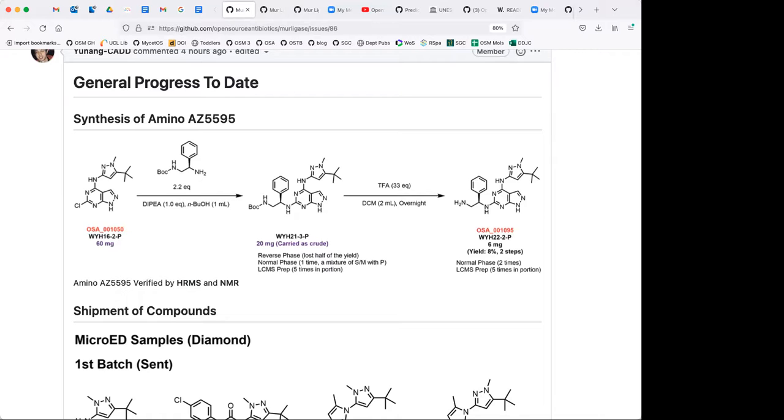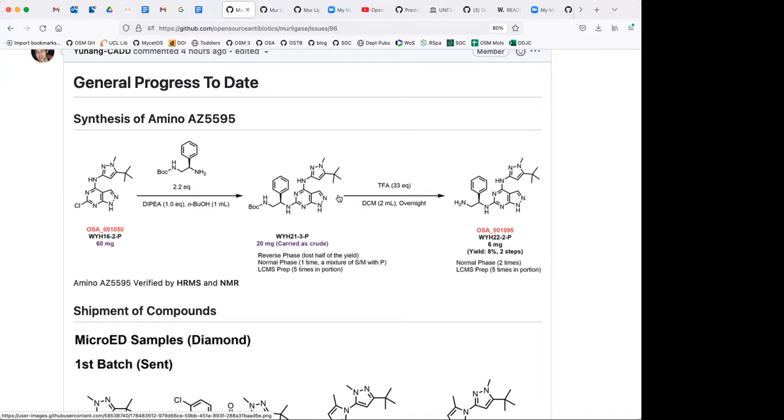The synthetic process was extremely weird because the bulk protected intermediate was really, really hard to separate. It got stuck in the reverse phase column. It also cannot come up from the normal phase.